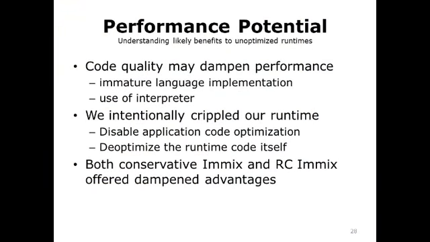We also looked at the performance potential of changing the VM. One very important thing is that code quality may dampen the performance. In our VM, we intentionally crippled our runtime. We disabled the application code optimization, and at the same time we de-optimized the runtime code.